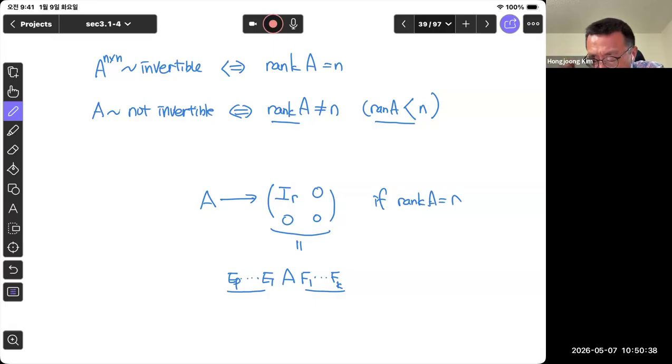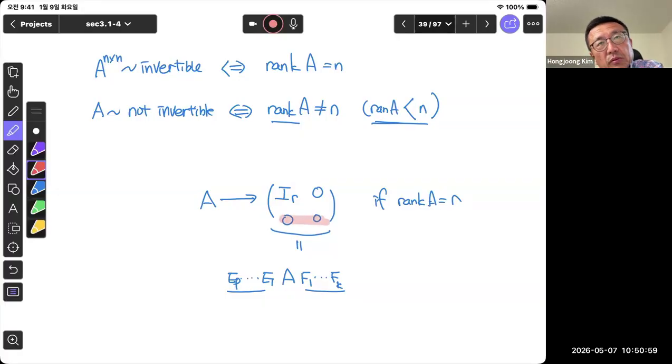Anyway, that means if the rank is less than n, so that your matrix is not invertible, then by performing some elementary row operations, you will definitely see some zero row, right?